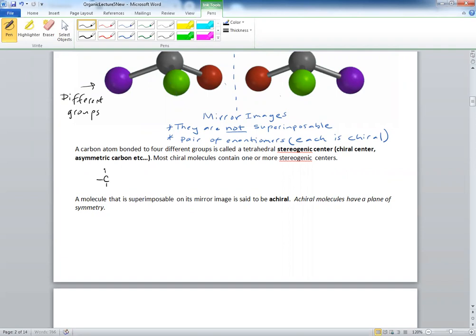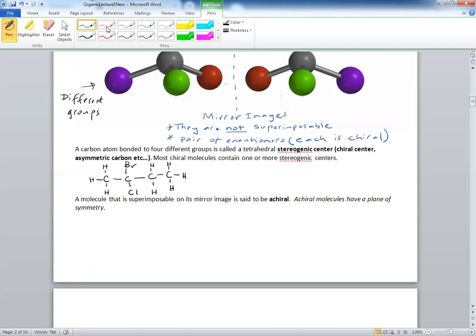Let's just do a structure like this because we will show you how to draw them in 3 dimensions soon.